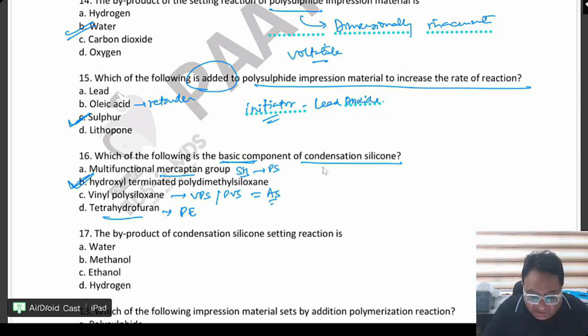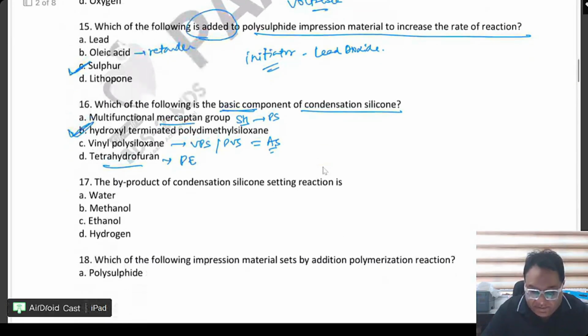Hydroxyl terminated polydimethyl siloxane is your condensation. Actually, before hydroxyl, write down alpha and omega. Alpha omega hydroxyl terminated.